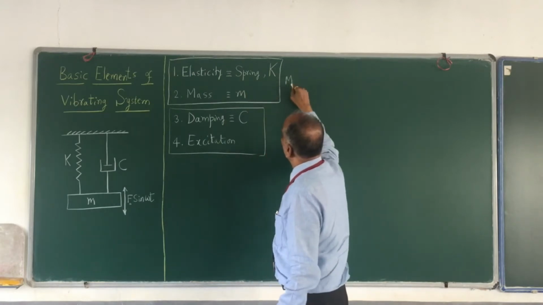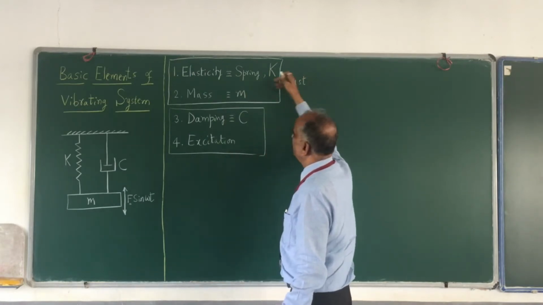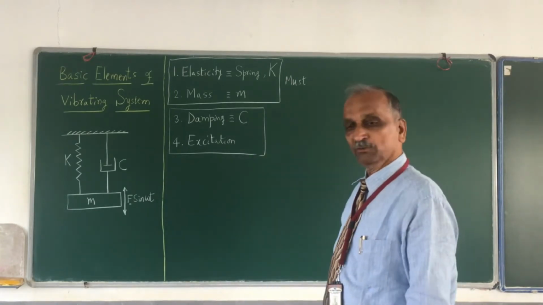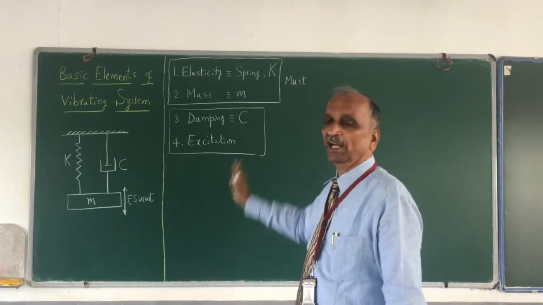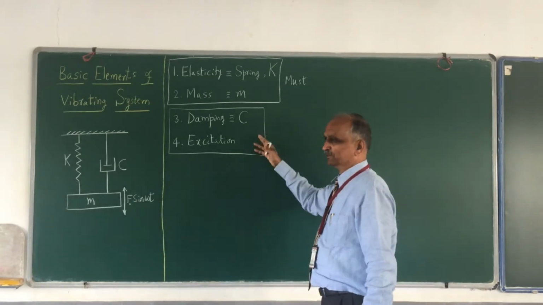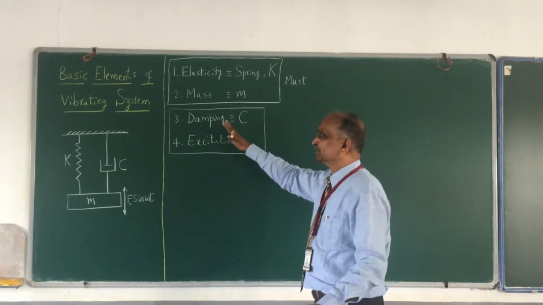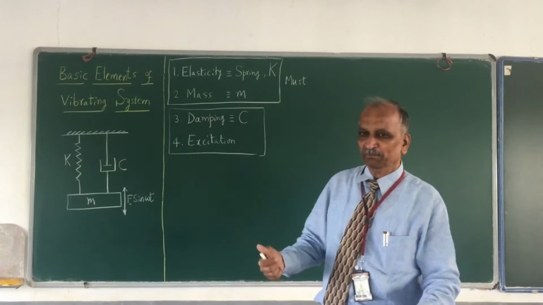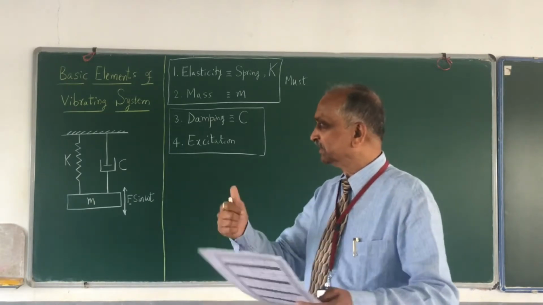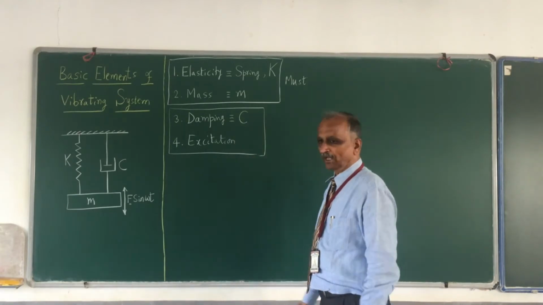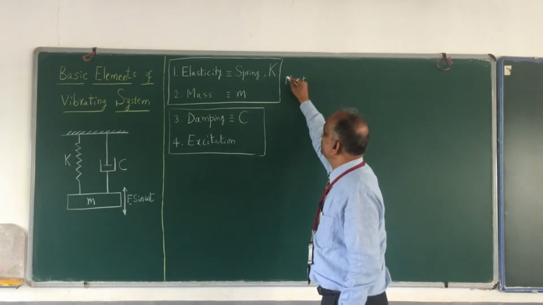You cannot omit any one of them and build the system. That is impossible. The model shall definitely have spring and mass. All practical systems shall have all of these, but if I build a simple system only for theoretical study, then that system may not have damping and excitation.